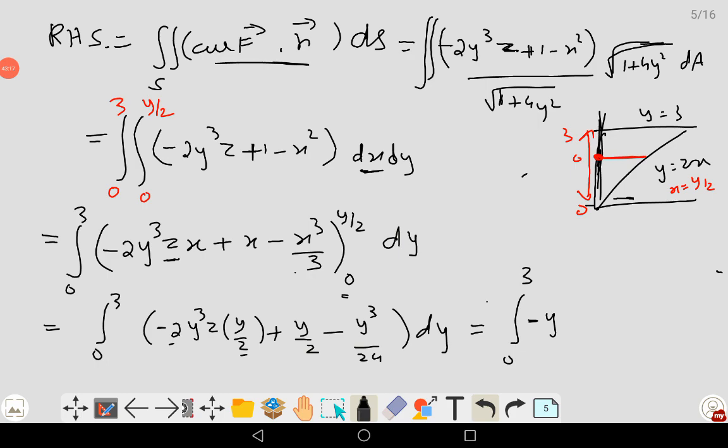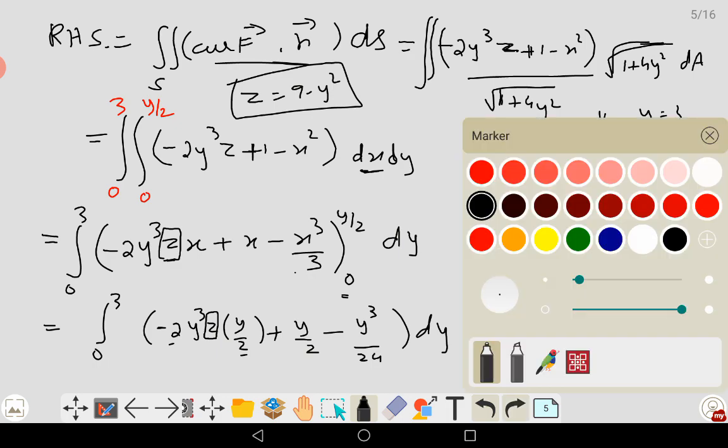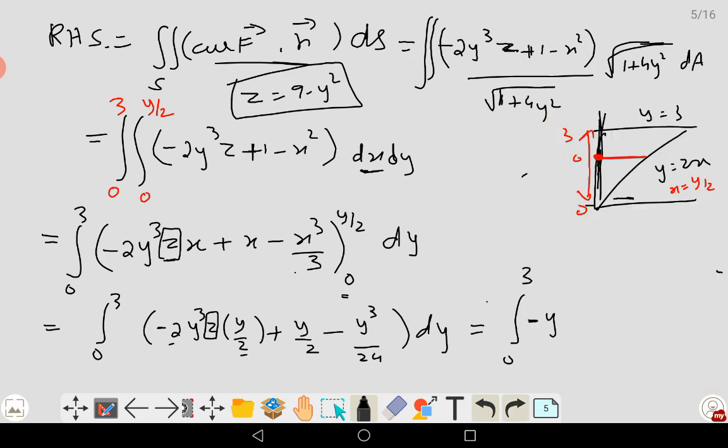This z is the variable, it should be converted now. This z remains here, and we know in this problem given z is equal to 9 minus y square, the equation of the surface. You remember it, that will be replaced here: minus y raised to 4 into z is 9 minus y square. If z involved x, we should have introduced it earlier. Since there is no x, we are introducing it right now.